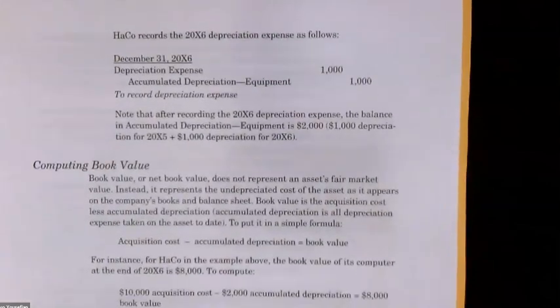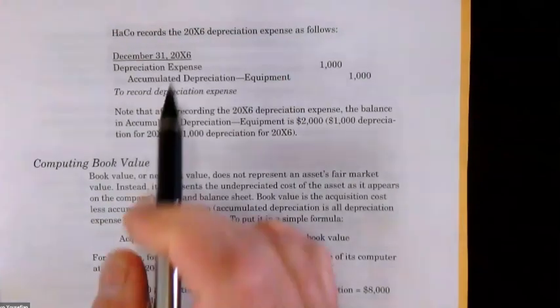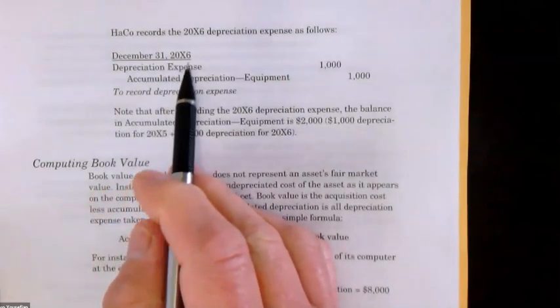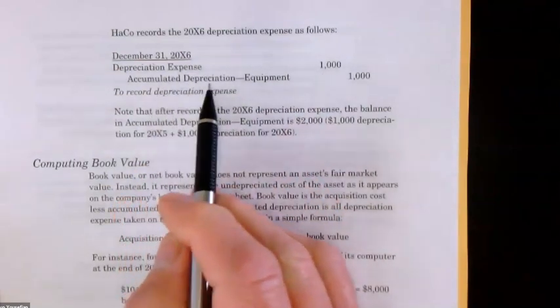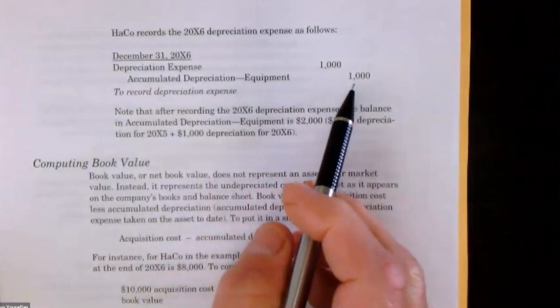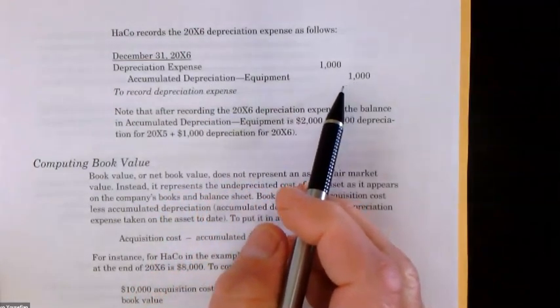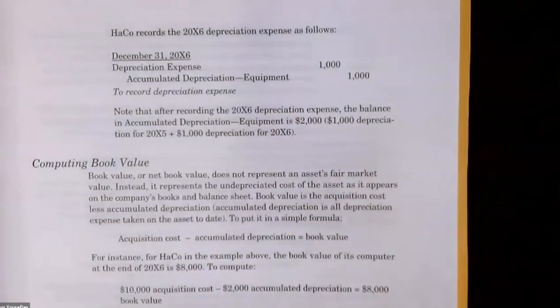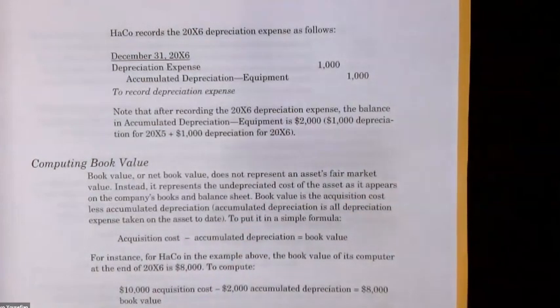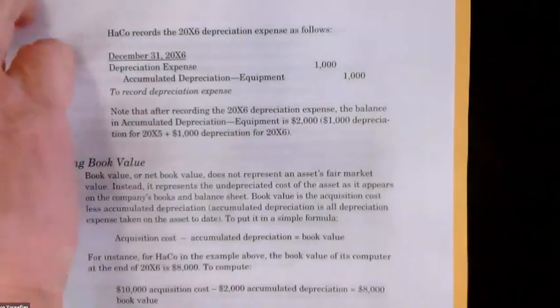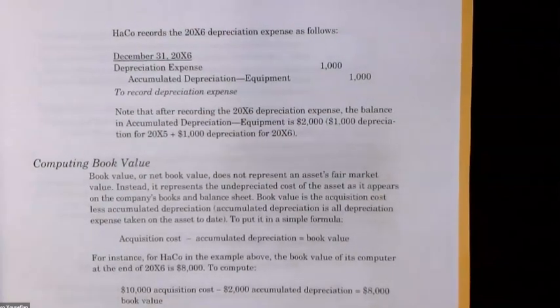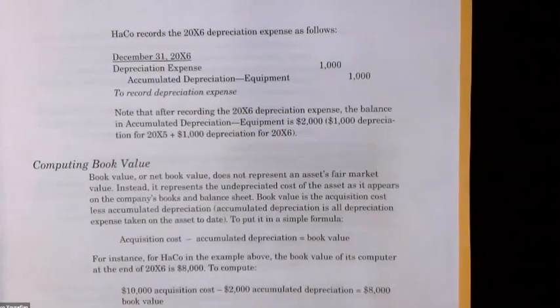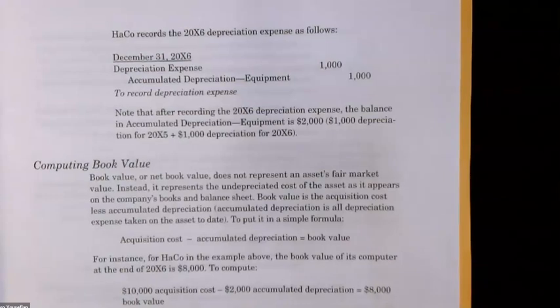In year two, you need to recognize again depreciation expense that belongs to year two for $1,000, straight line method, and accumulated depreciation, equipment, again $1,000, same thing. If you notice, we purchased this equipment in January, so we don't need to be worried about how many months we use it. We use it for 12 months, so you don't need to be worried at year one how many months have been used.